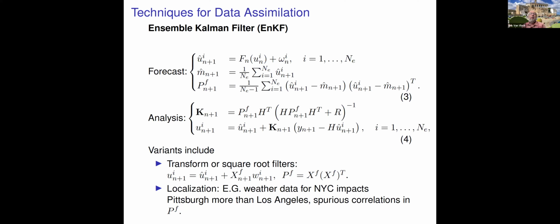Weather data for New York City might have some impact on Pittsburgh, but probably not nearly as much impact on what's going on in Los Angeles. The other role that localization plays is that because we're calculating a forecast covariance, we can often get spurious correlations in the forecast, and localization helps to mask those off.